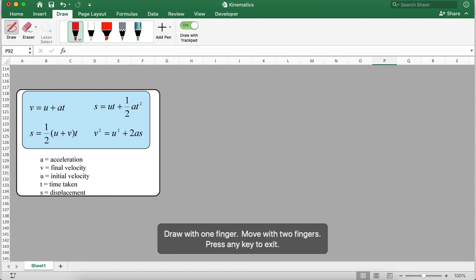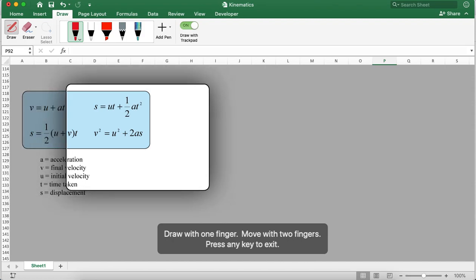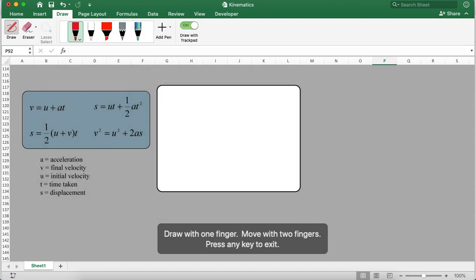So these four equations are very important. Now I'll explain how to derive these four equations, one by one.